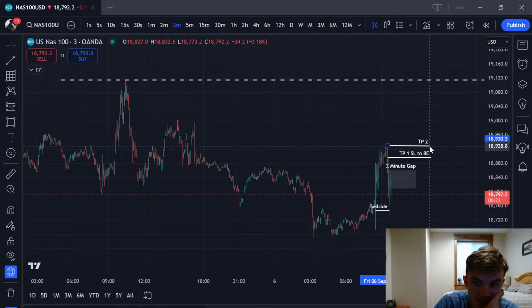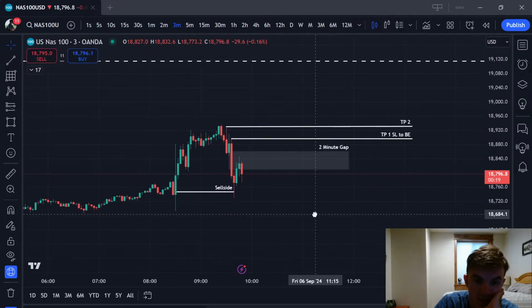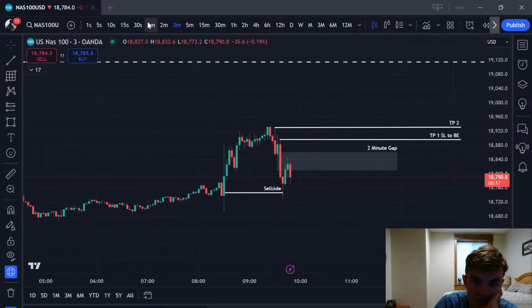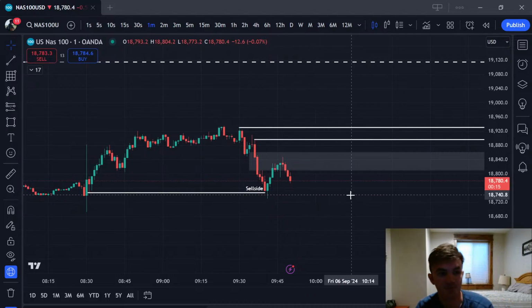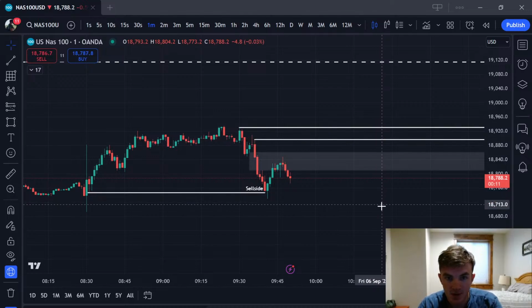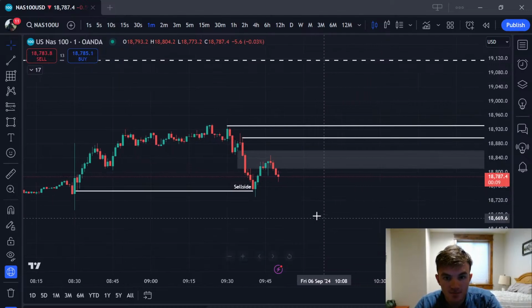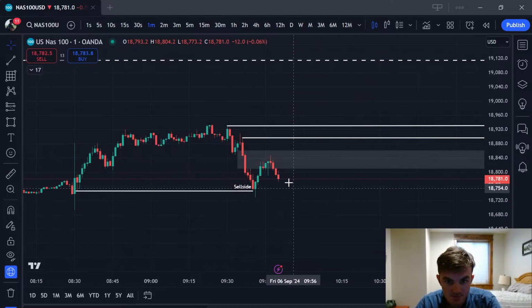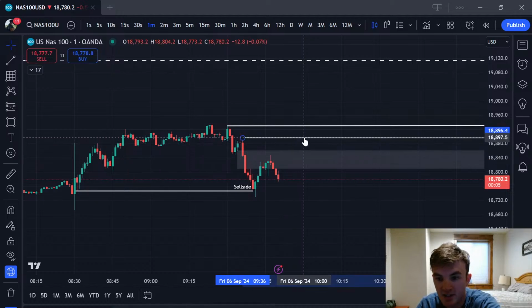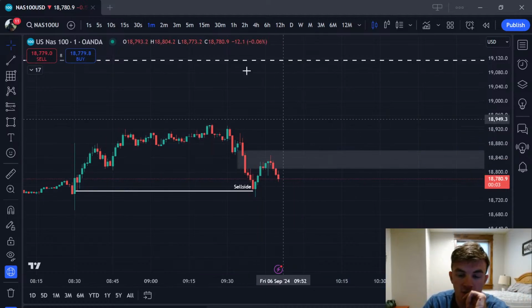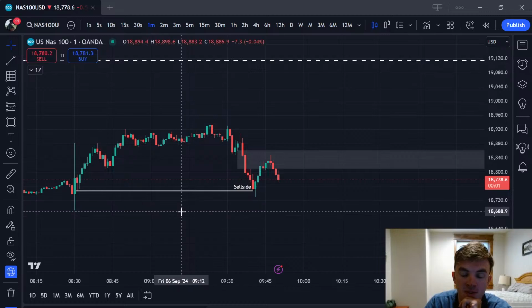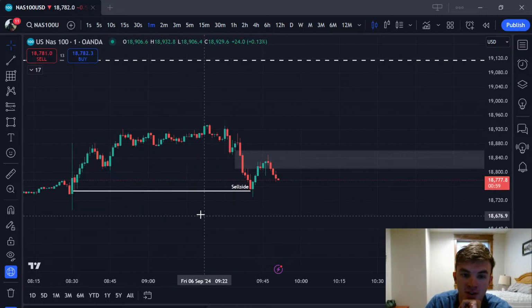I guess these are the two take profits for now. If this trade were to happen, which I'm not sure it will now because we're going back down. But yeah, you can see we're rejecting this 2-minute gap, so it makes me feel like we're gonna go target this data low.